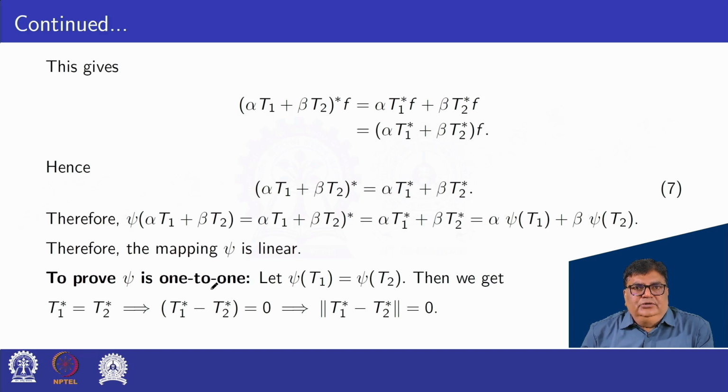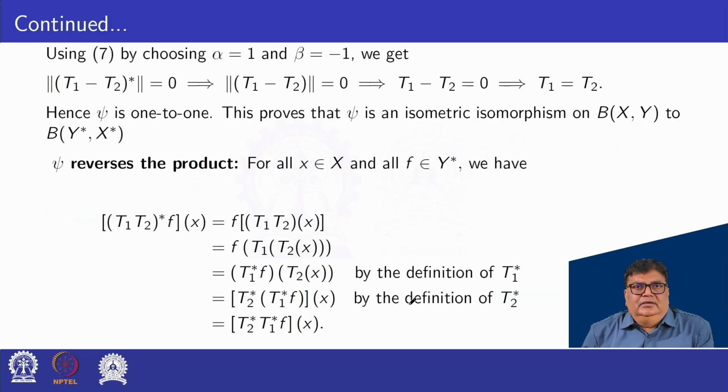So this implies that norm of T1* minus T2* is equal to 0, because we know that norm x is equal to 0 if and only if x is equal to 0. So using equation 7 and choosing alpha equal to 1 and beta equal to -1.